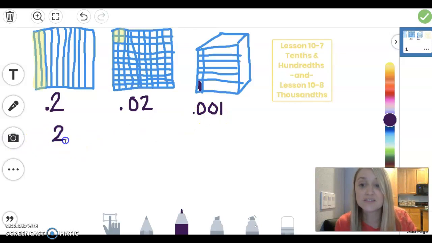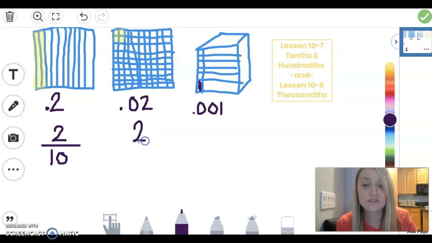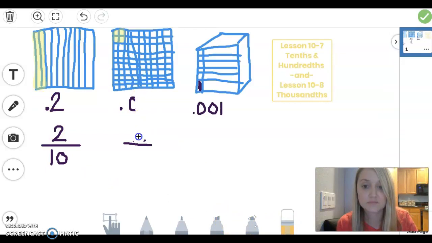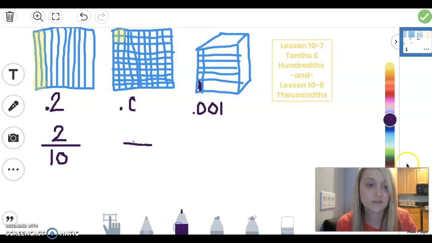So now this is 2/10, right? This is 2. Well, actually, that would be 4. Oops. So this would actually be 4 hundredths.